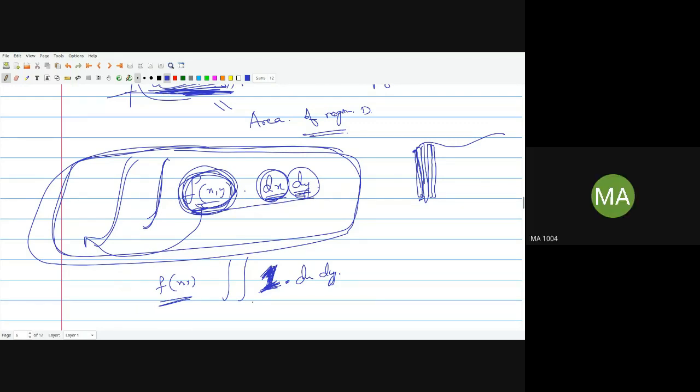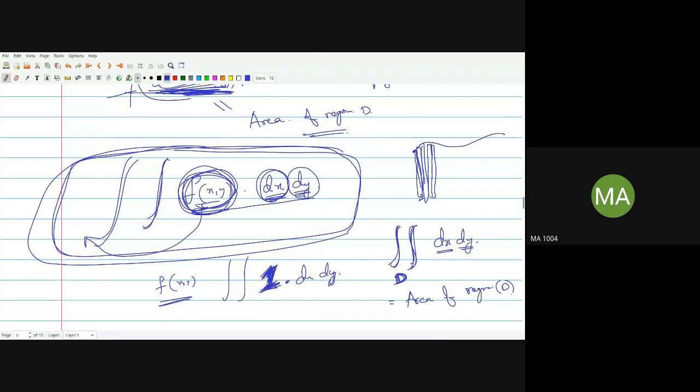You can actually infer this. If I am simply integrating dx dy along the support or along the region, this will always give you the area of that region D. Think of it in the calculus way.